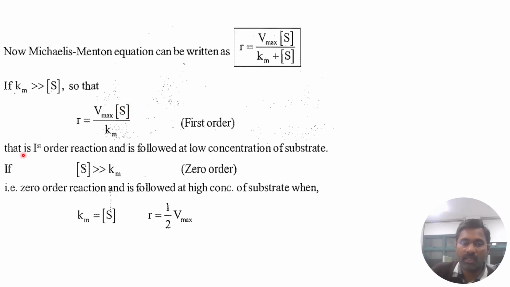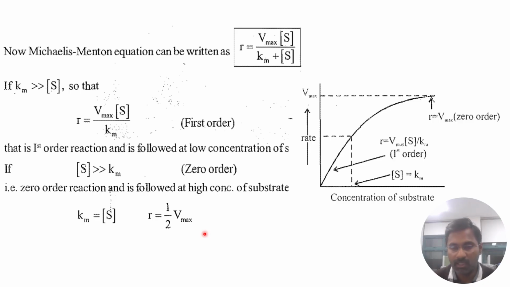That means at low concentration of substrate, the reaction goes with first order kinetics, whereas when you have higher concentration of S, S value will be higher than Km. So you will get rate is equal to Vmax into concentration of S by S. That will become rate is same as Vmax. So that is pictorially represented here. On the x-axis you have concentration of substrate, on the y-axis you have rate.